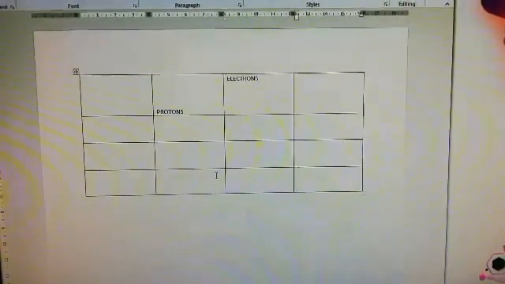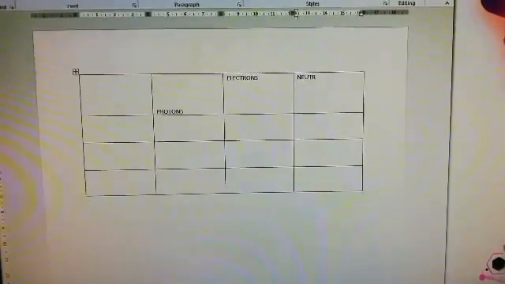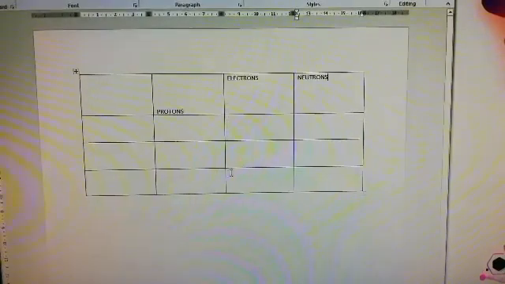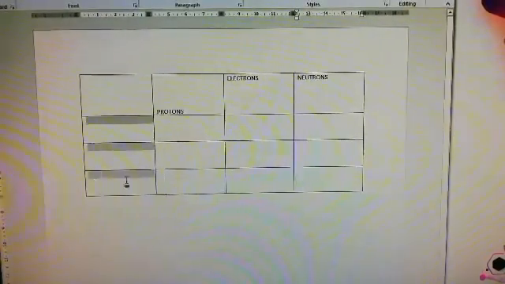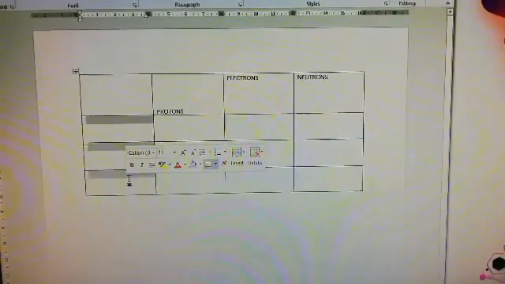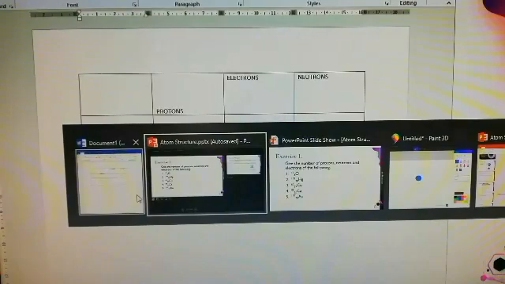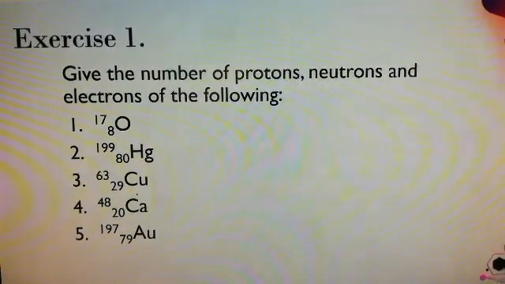And dito yung neutrons. So, dito sa kabila naman, yun yung mga given. Isulat niyo dyan yung given elements, ha? Okay. So that's our exercise number 1.